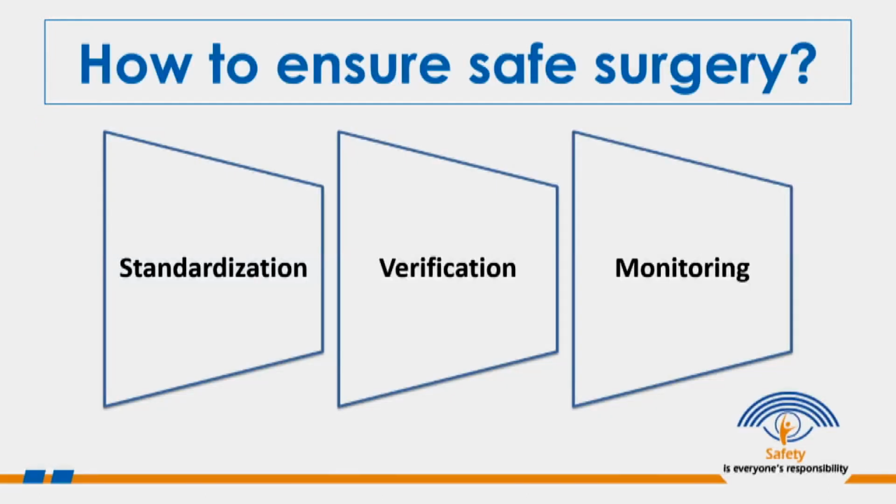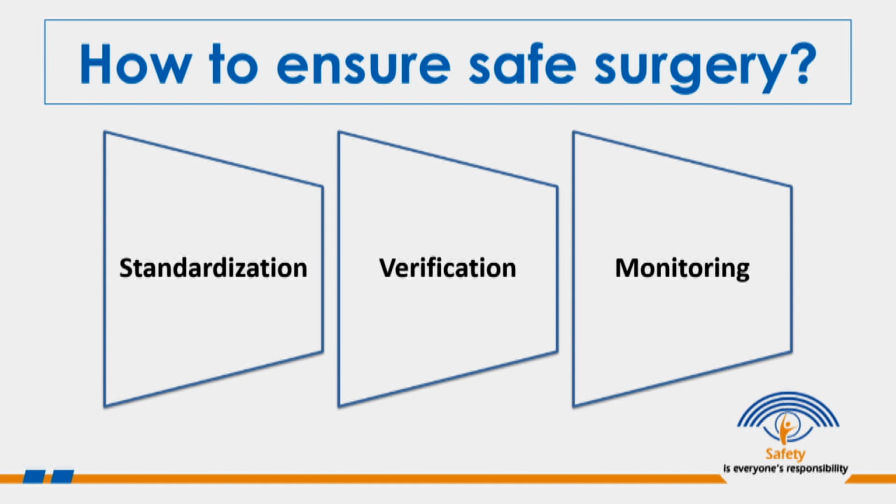So it's all about standardizing the whole process or protocols in your hospital. That's very, very important, and that's what I'm going to talk more about. The other thing is how you verify and how you monitor. All of that is very important if you want to bring down these errors. These are errors which should not even happen once.